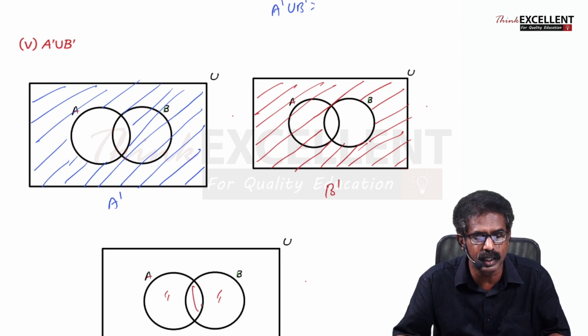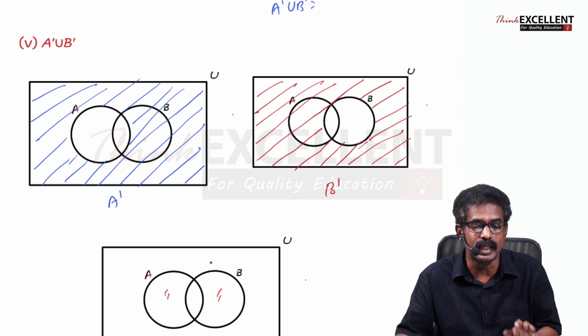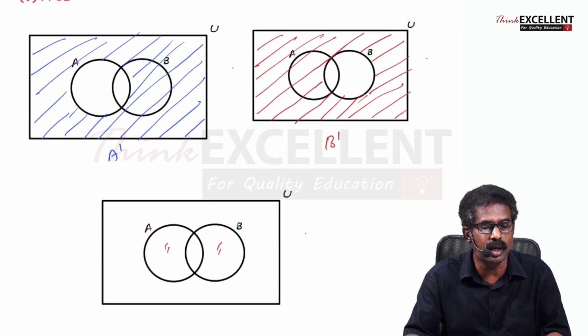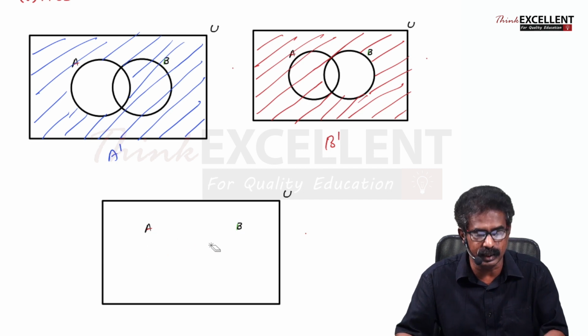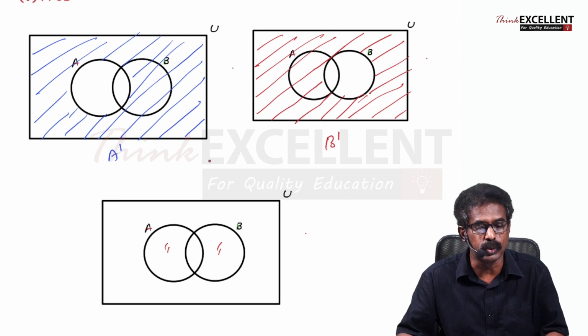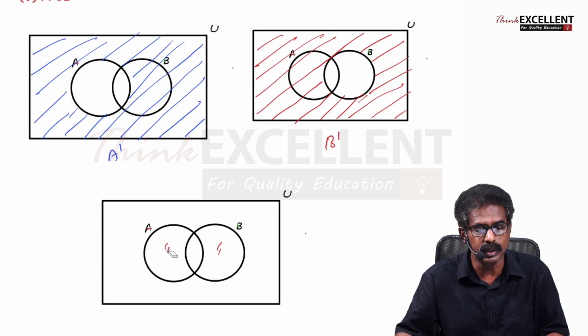Only the middle portion is left out, right? Middle portion is not in both. So leaving that middle portion, you have to shade all the remaining portion. So that is A dash union B dash. So leave only that middle portion.